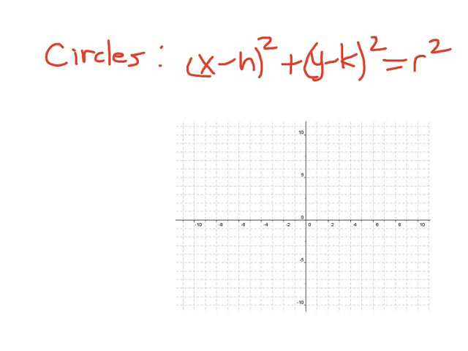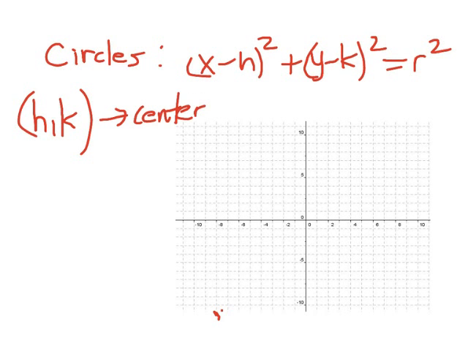Over here you have x minus something, so it's kind of like x2 minus x1, subtracting x numbers. Same with the y's. It kind of looks like y2 minus y1, and it really is, because h and k are special things. The point (h, k) is the center. R is the radius.